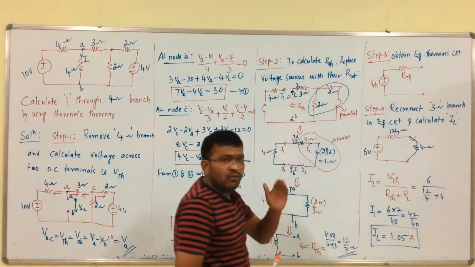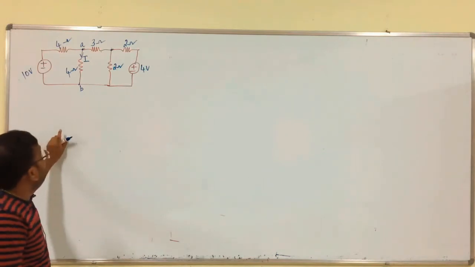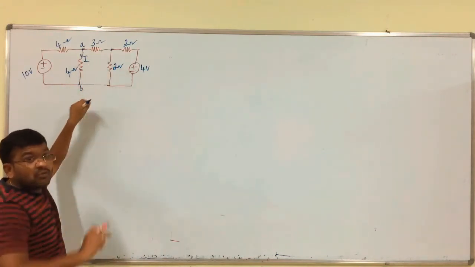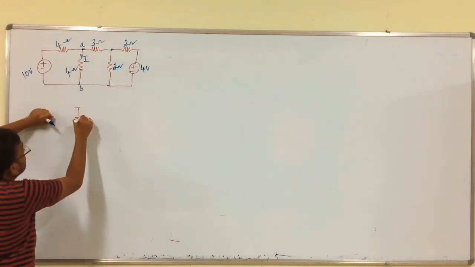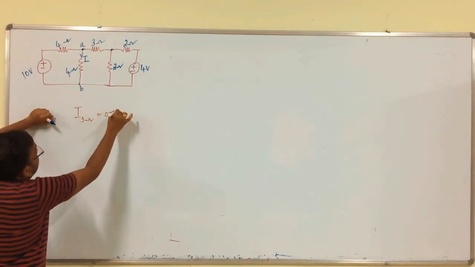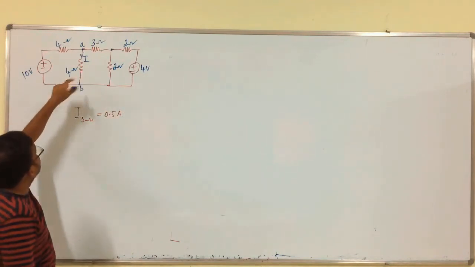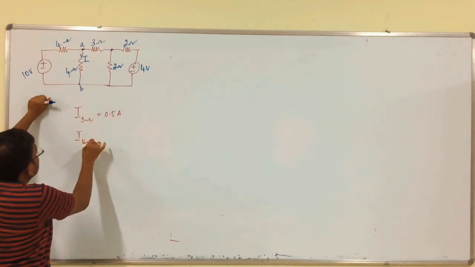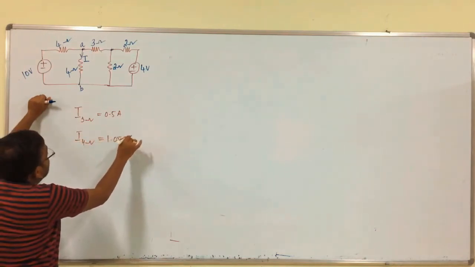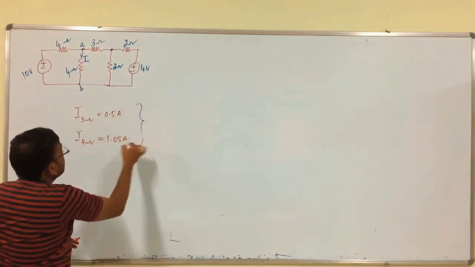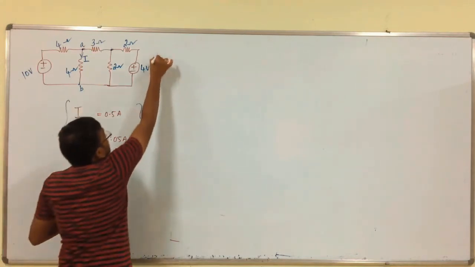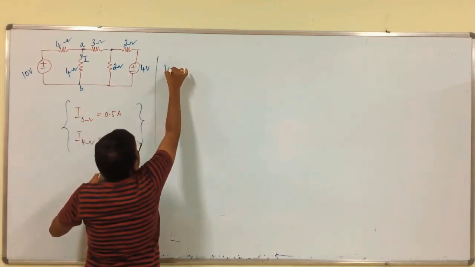We got approximately 1 amp. So, we got the current through this branch. In the first problem, the current through this 3 ohm is nothing but 0.5 amps. Like that, the current through this 4 ohm branch is 1.05 amps. No? Now, we have to verify these two values, that is verification.